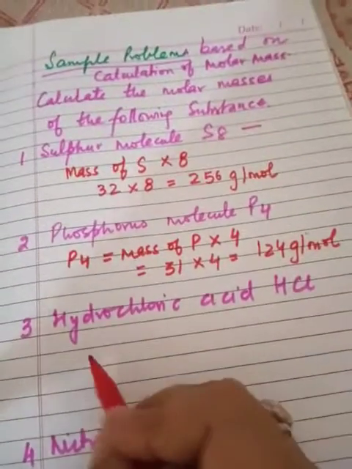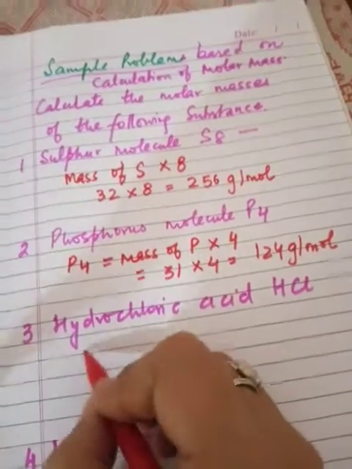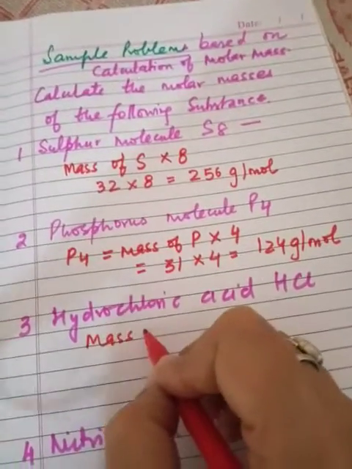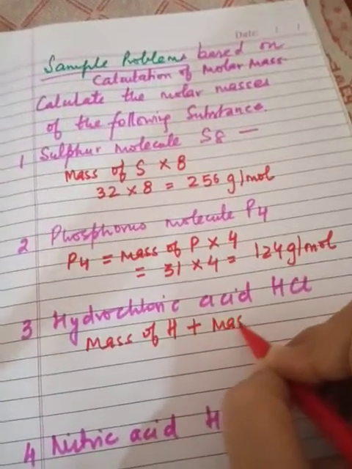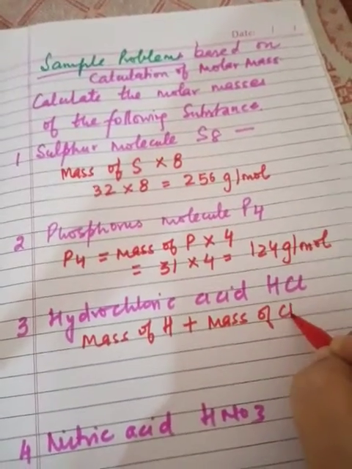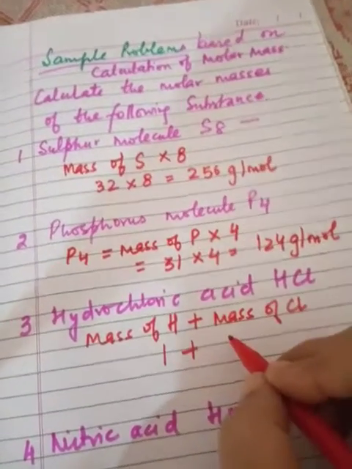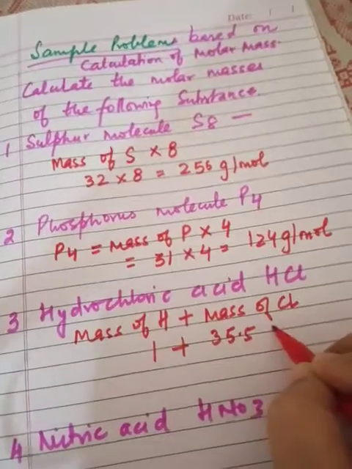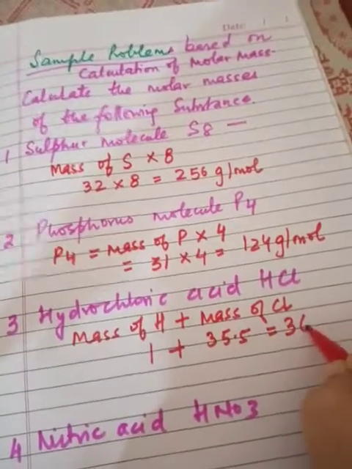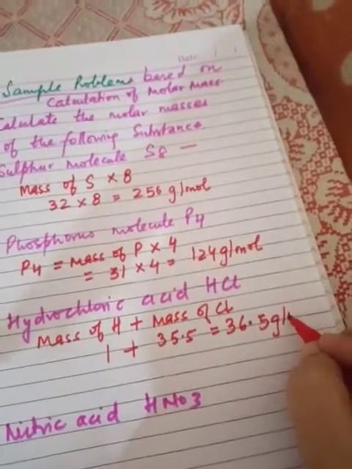Then hydrochloric acid, HCl, that is the mass of hydrogen plus the mass of chlorine. That is 1 plus, what is the atomic mass of chlorine? 35.5. That means 36.5 gram per mole.